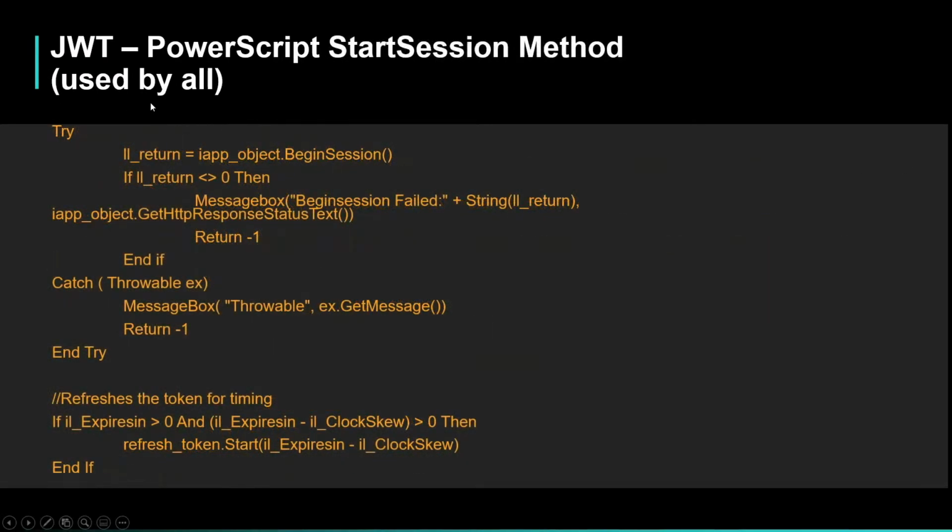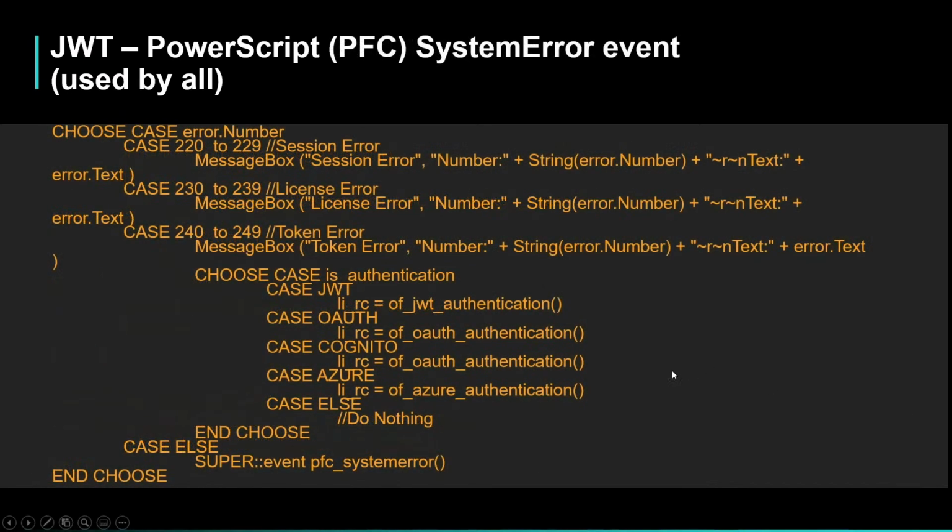The note up here: regardless of which authentication method you use, you're going to have this code. This code's the same for all the approaches, and this is also the same for all the approaches. Some new error codes have been added to the system error event.